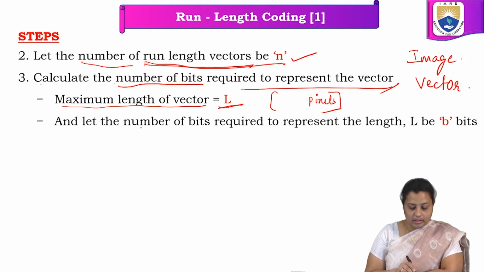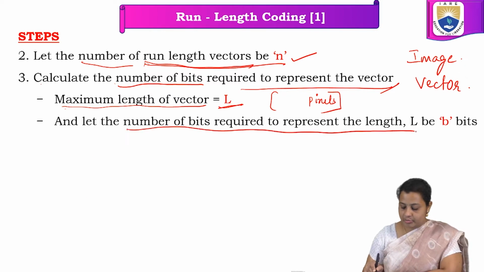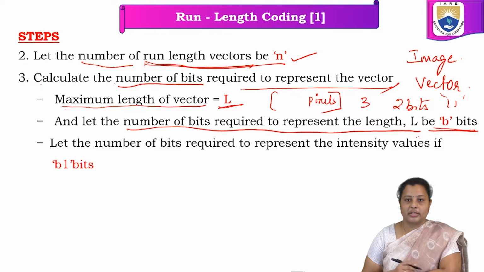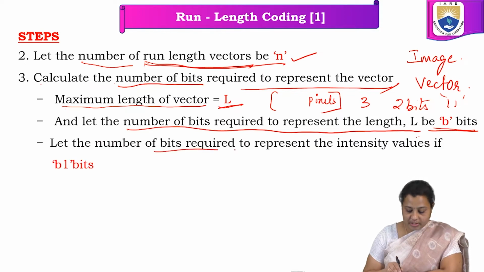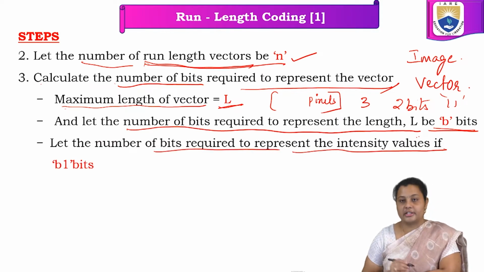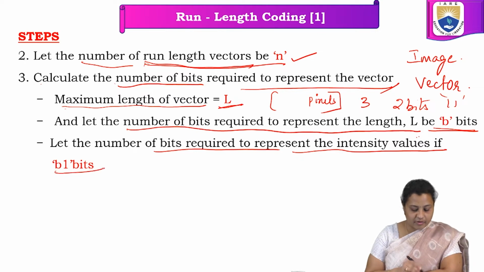Then the number of bits required to represent L is B bits. For example, if our run length is 3, we require 2 bits, so we can represent it by 1, 1. So to represent the length L, we require B bits. Then the number of bits required to represent the intensity value, let it be B1 bits.